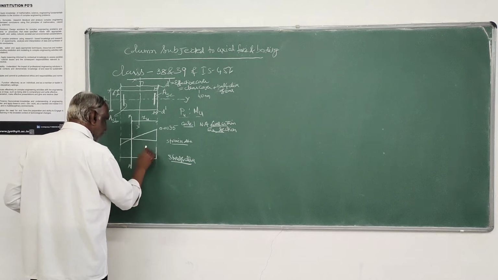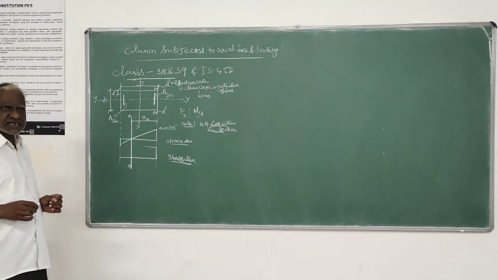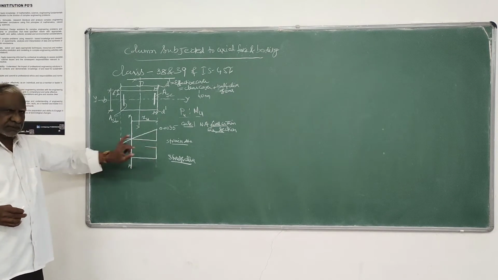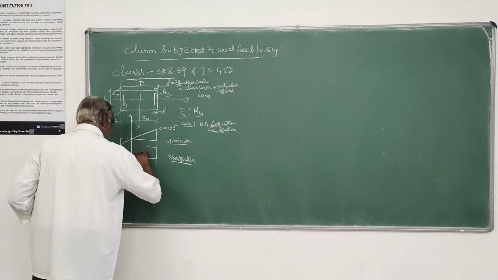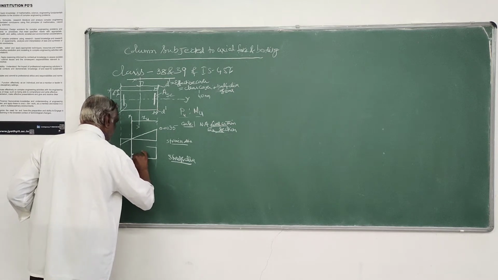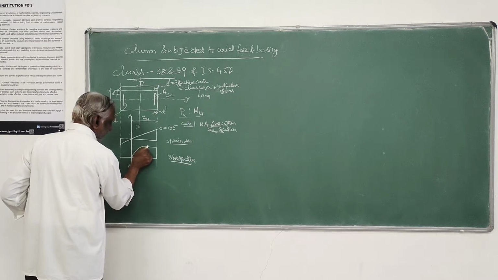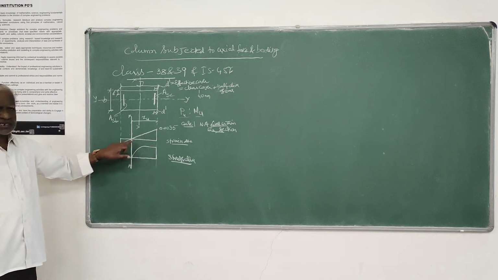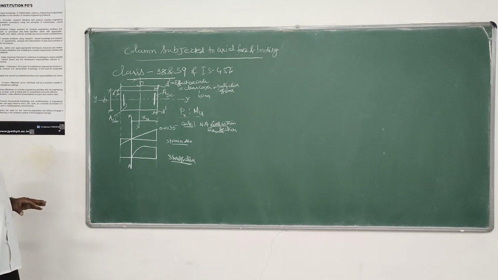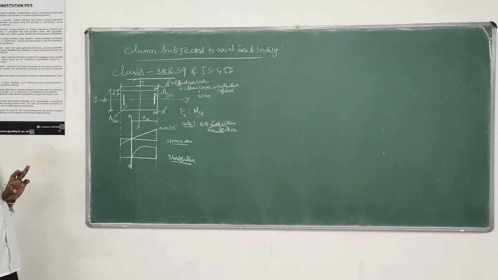It will be uniform up to a certain distance from the most compressive edge. Then the variation will be parabolic, like this. This is the actual stress diagram as per IS 456 in concrete under limit state condition.